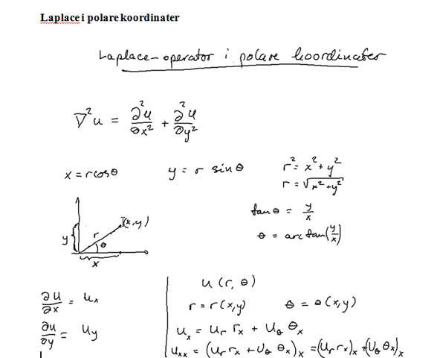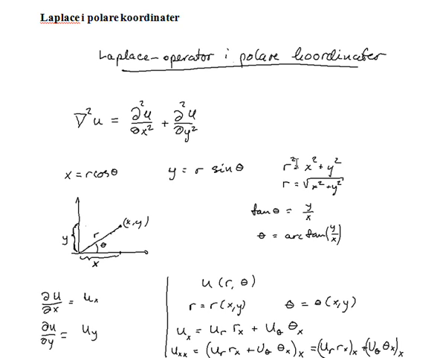You remember also that if we have some coordinate (x, y), this coordinate can be described in polar coordinates in this way: x equals r cosine theta, and y is r multiplied with sine theta.